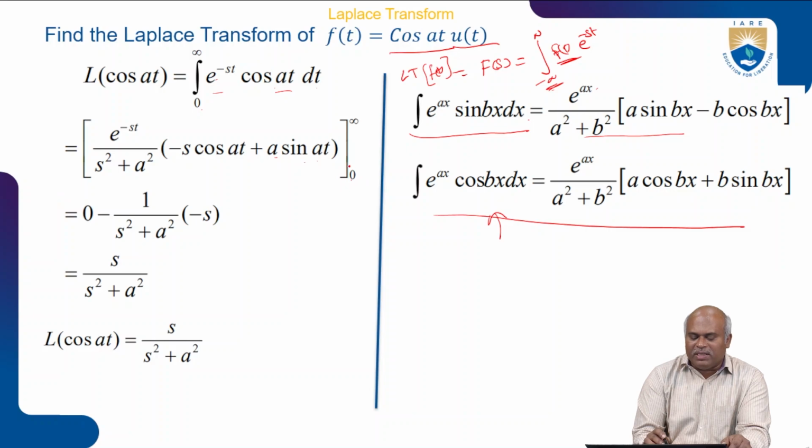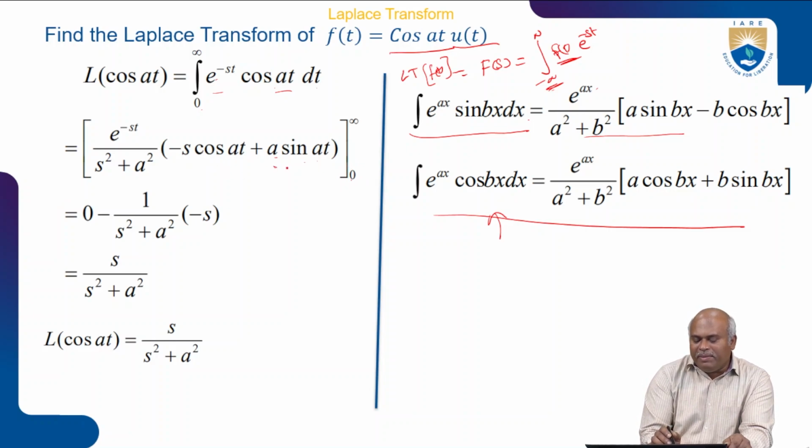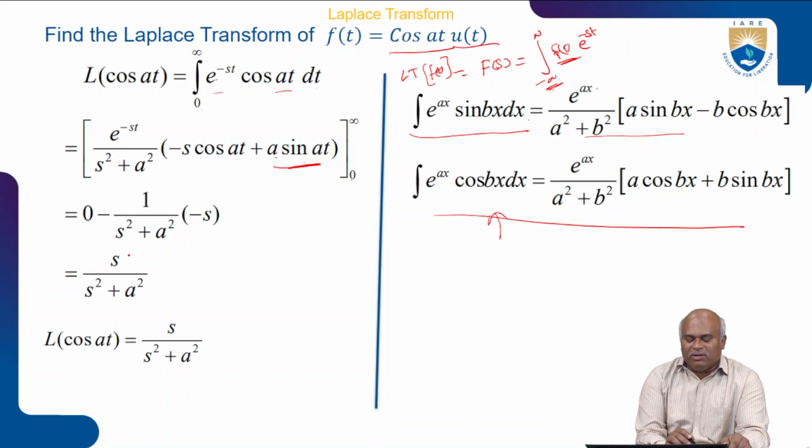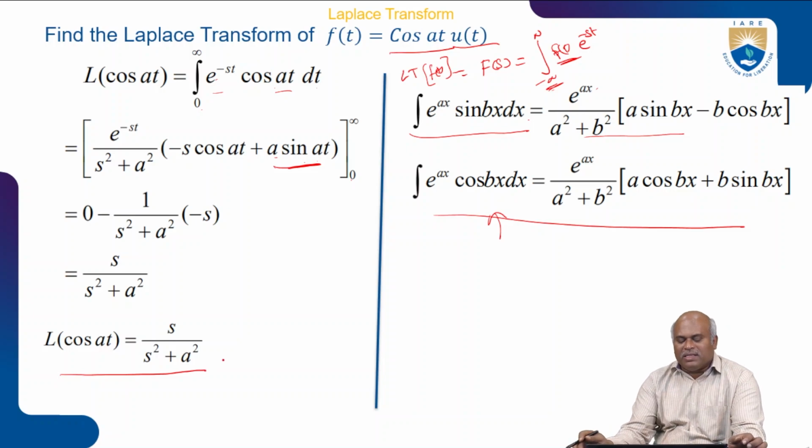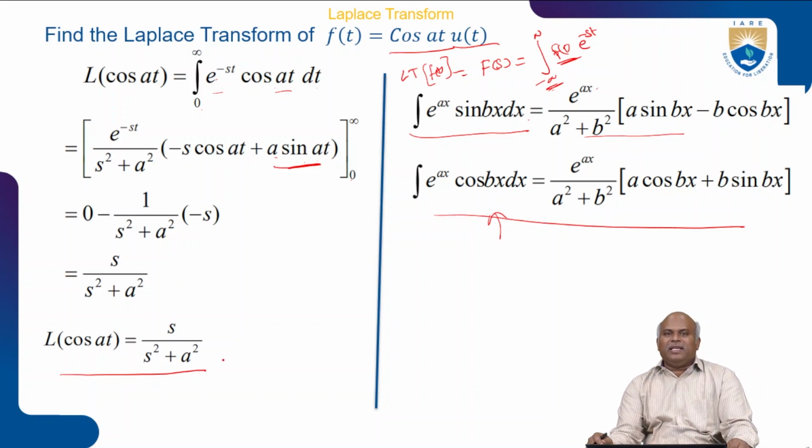Then we substitute the 0 term; only this term remains, and the rest is 0. Here e power 0 is 1. So minus of 1 by s square plus a square times minus s equals s divided by s square plus a square. Then the Laplace transform of cos at is equal to s divided by s square plus a square.